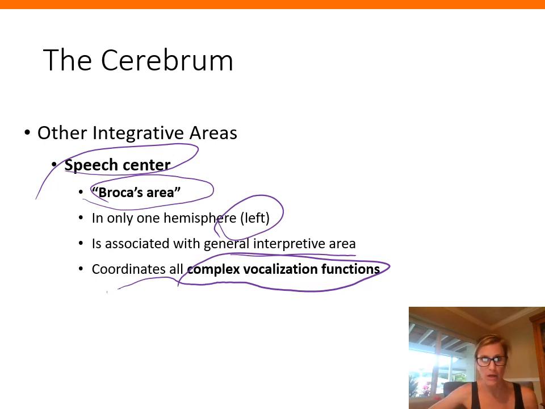But that's raw sound. Actually speaking involves the movement of a lot of different muscles in the tongue, cheeks, neck, and face. These complex vocalizations, again, are coordinated by Broca's area, or the speech center.